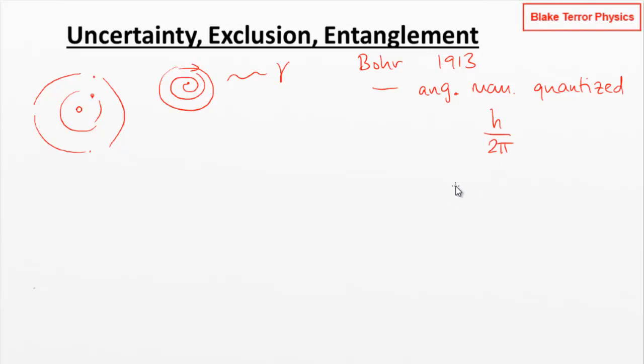Then if this was the case, then they couldn't be radiating this energy and then spiraling into the nucleus, because then you'd have a continuous range of energy, so a continuous range of angular momentums. So that was his first explanation, which at least was a step in the right direction.